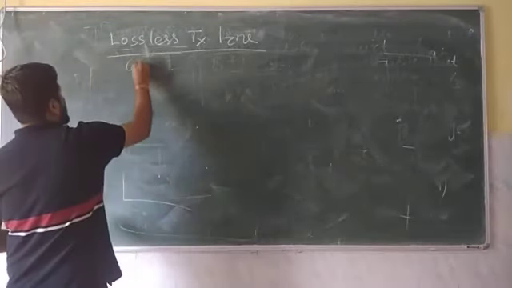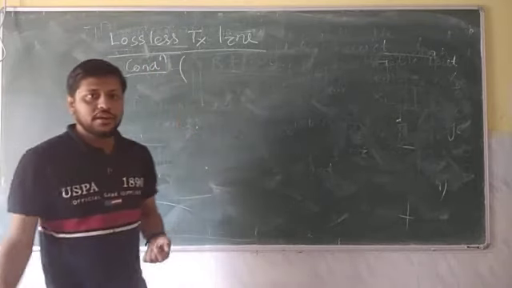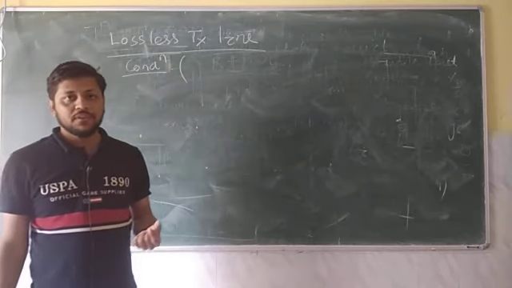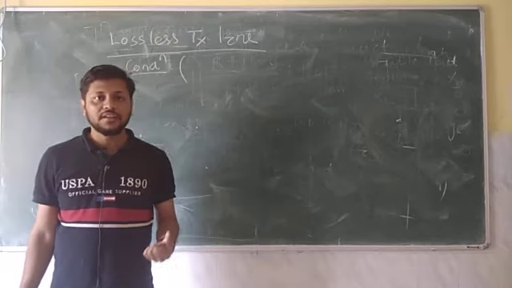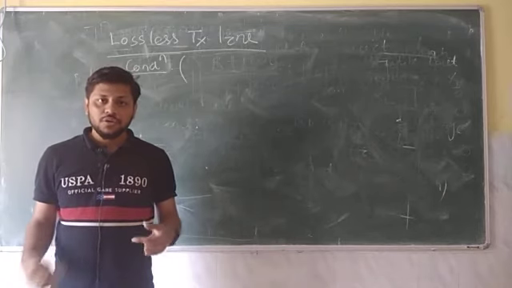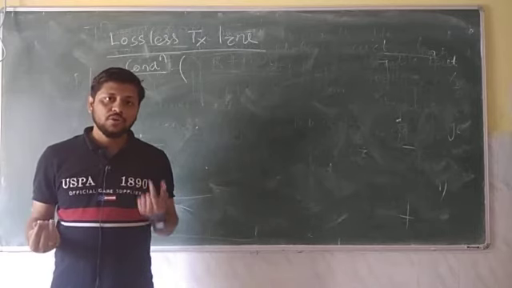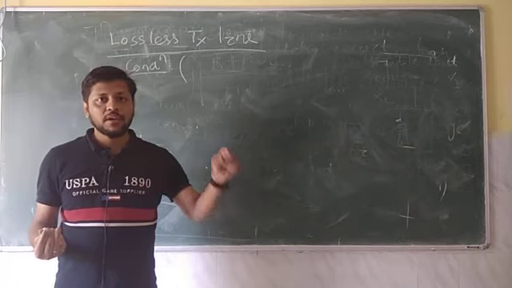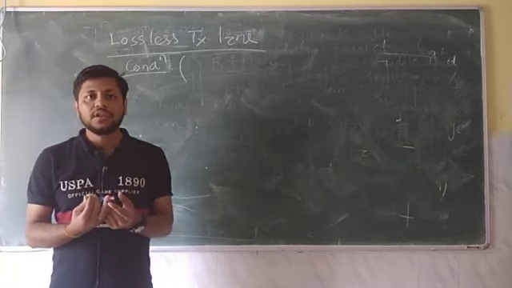So the condition is, obviously in your circuit your resistance always represents your loss. So if the resistance value is 0, that means your circuit is lossless. Lossless means there is no decrease in the strength of the signal when a signal is propagated 10 kilometers, 15 kilometers, 100 kilometers, there is no loss at all.